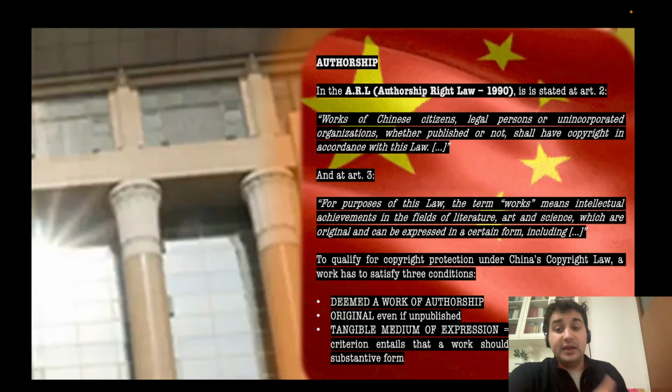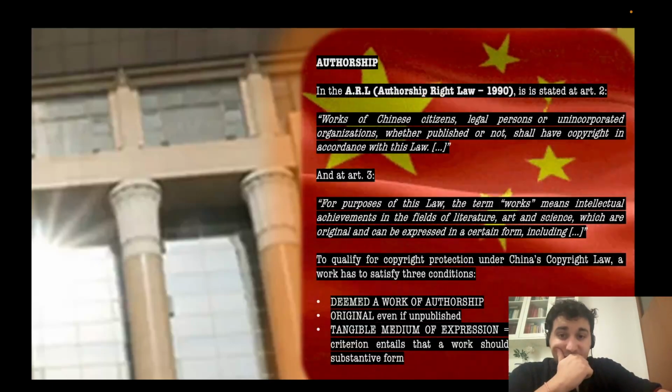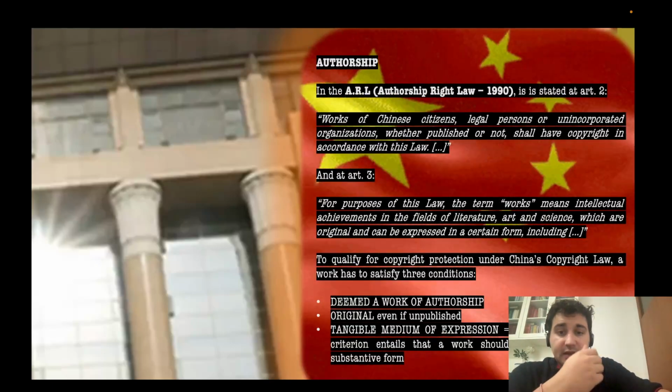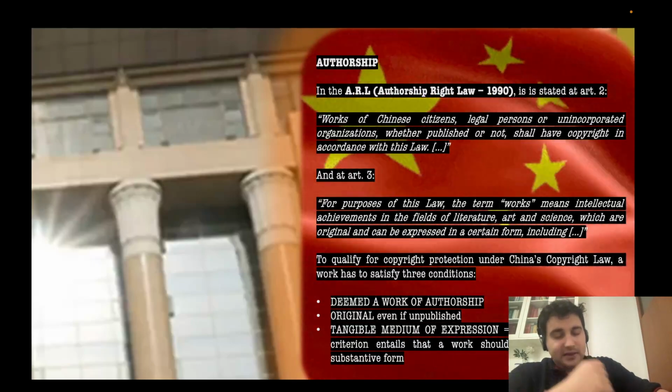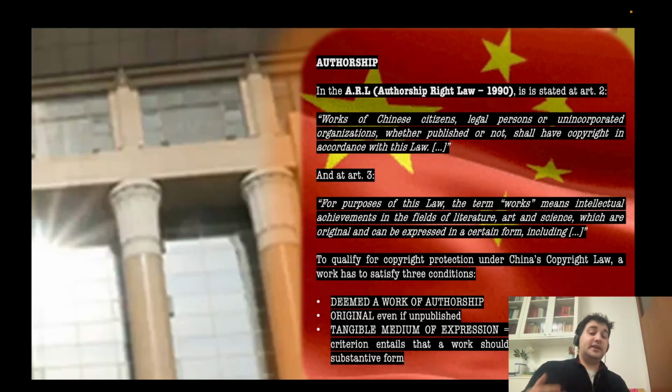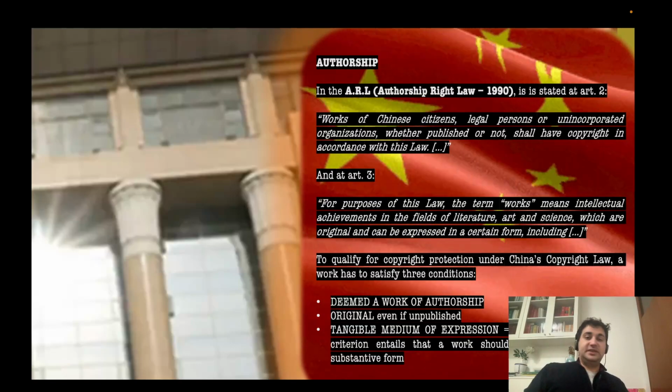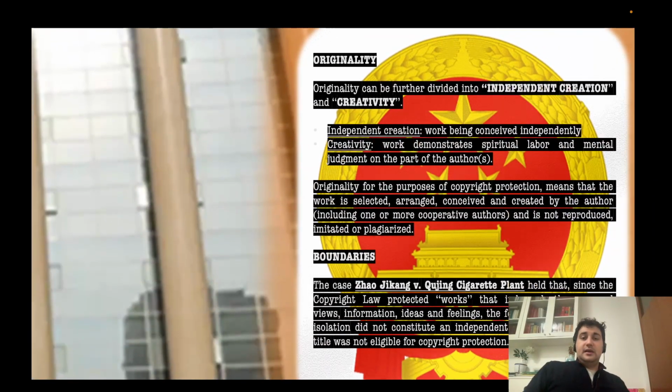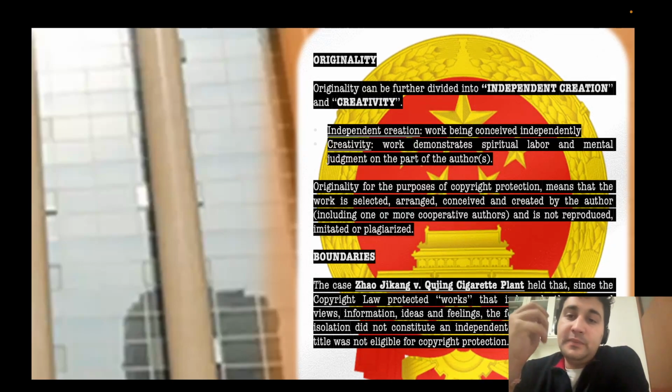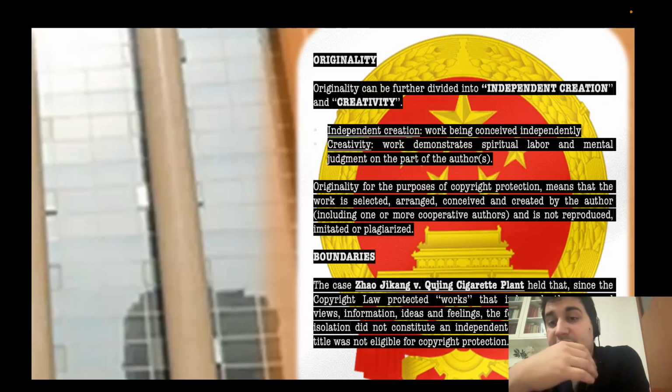Article 3 even gives the list of the tangible ways in which this could be achieved. Returning to originality, as we got in Article 3 of the law, originality in China could be further divided into independent creation and creativity.